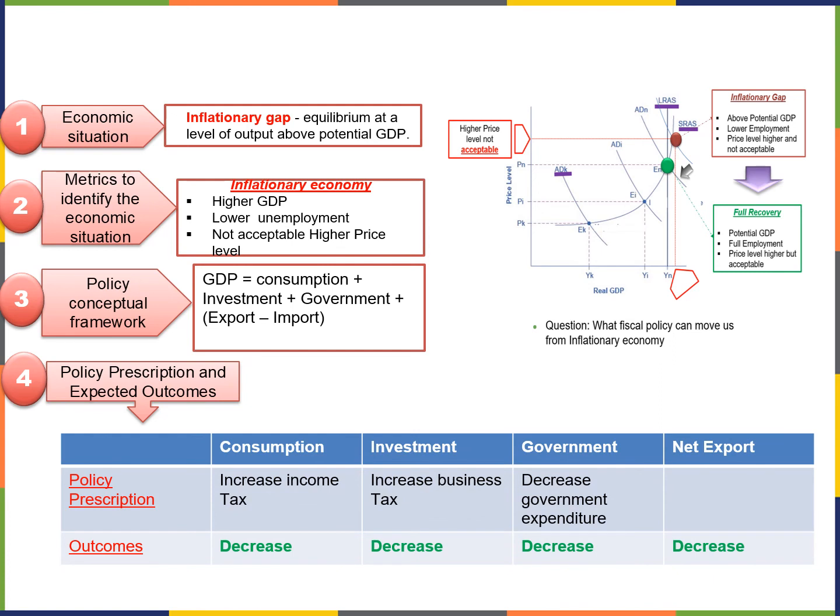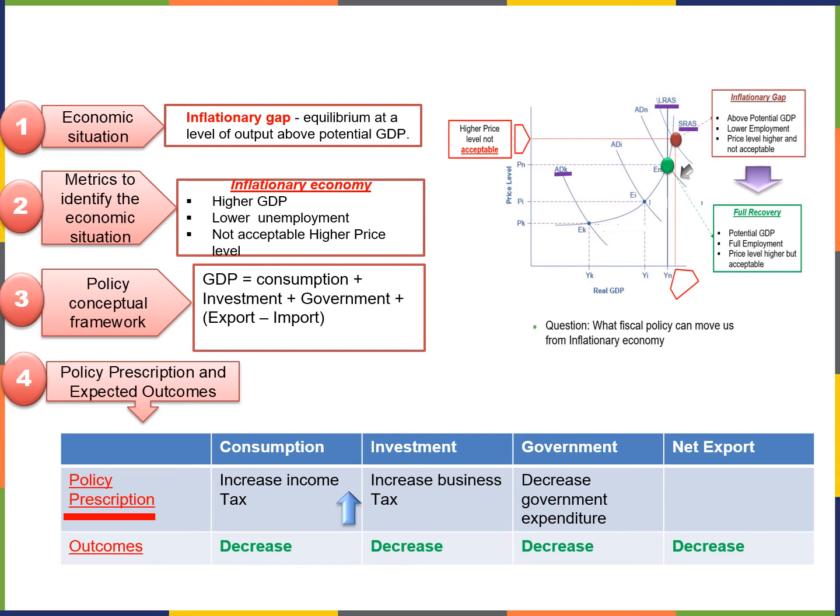Here we are again, knowing that our policy conceptual framework uses a GDP made of consumption, investment, government expenditure, and net export. So in our policy prescription, we will first try to see how we can influence consumption.